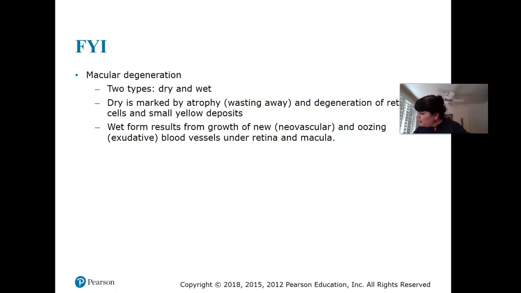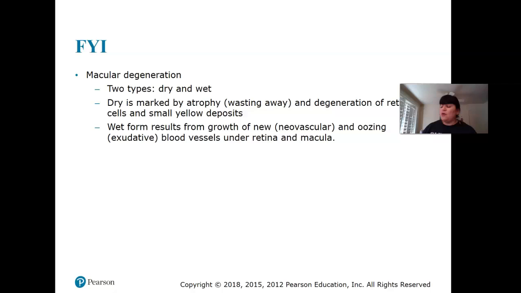It says macular degeneration, or age-related macular degeneration, is a leading cause of vision loss in Americans 55 and older. It causes severe loss of central vision, right in the front, but peripheral vision is retained. It blurs the sharp central vision one needs for straight-ahead activities such as reading, sewing, driving. It does not cause any pain.